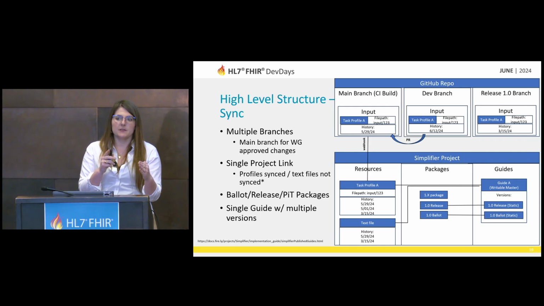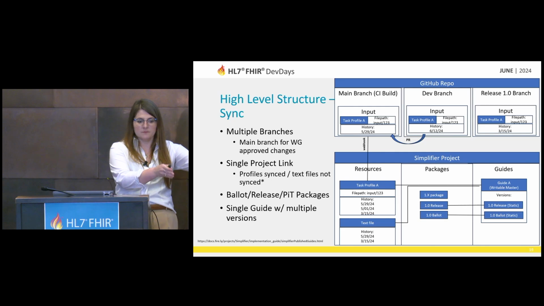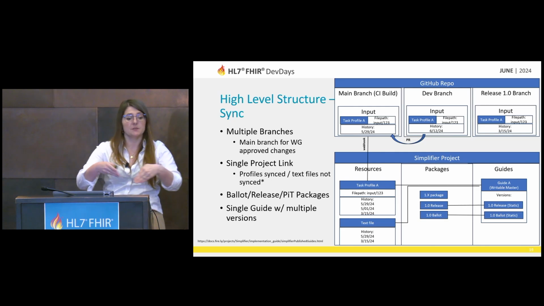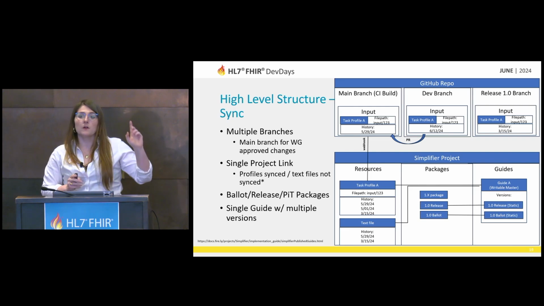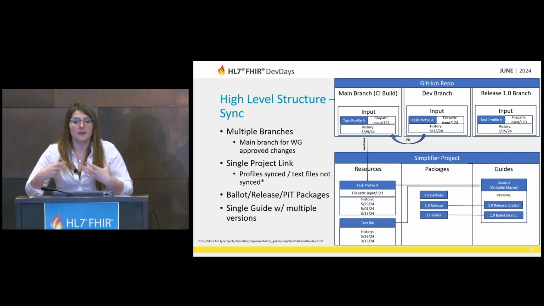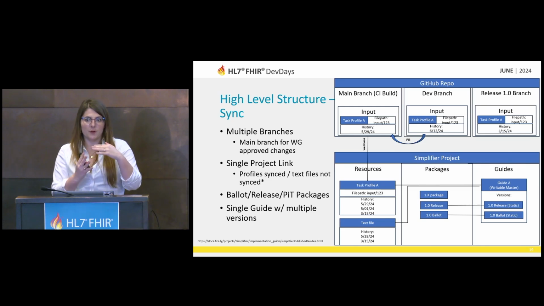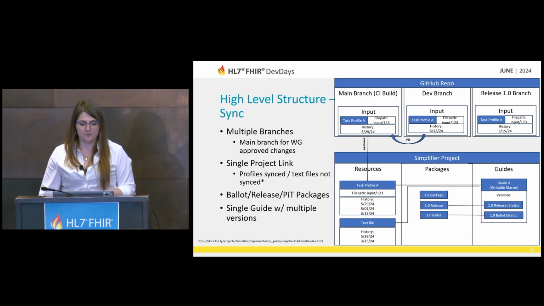So we typically said, if we're going to be doing any dev between ballot freeze and exposure to ballot dispositioning, we're going to keep that in the dev branches of our GitHub repo, and we're not going to do any pre-development in the implementation guide pages, because it creates challenges when you're trying to say only this stuff was what was balloted.